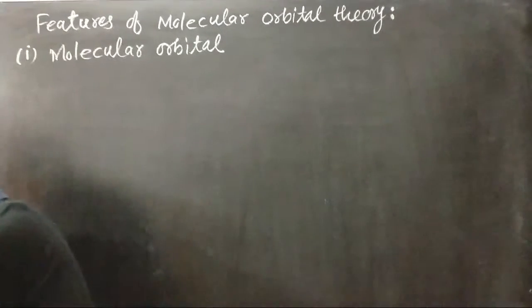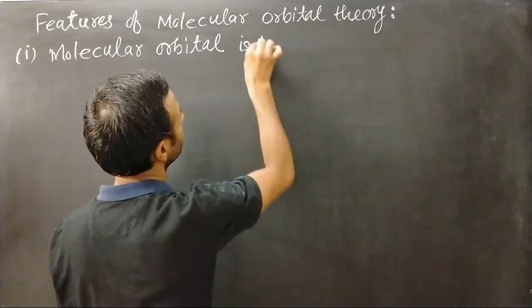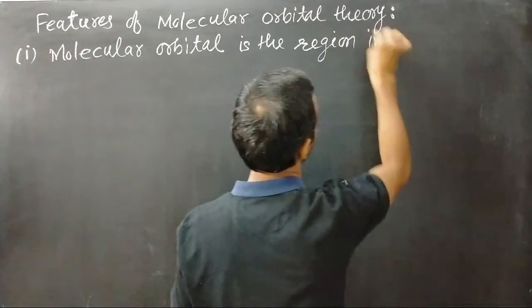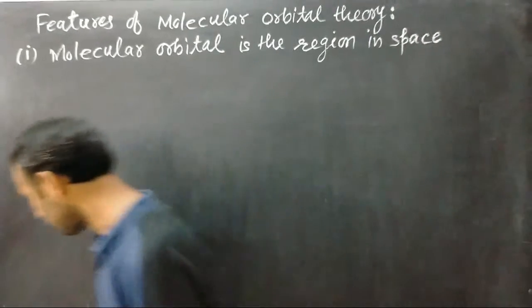What is molecular orbital? Molecular orbital is the region in space. Yes, anybody?